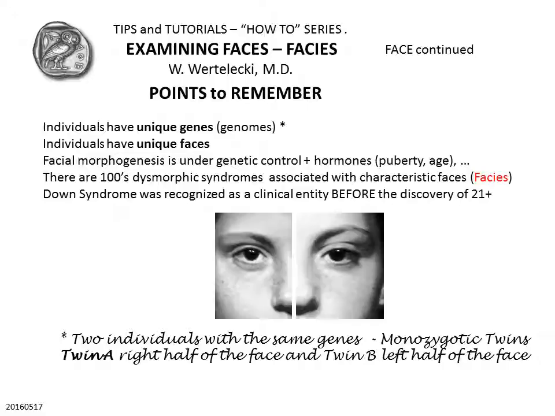That facial morphogenesis is under a complex genetic control, which includes hormones and factors related to puberty, hormonal or not, and aging, etc. However, there are some facial features that are under the control of a single gene, and we are going to show these later on in this tutorial.